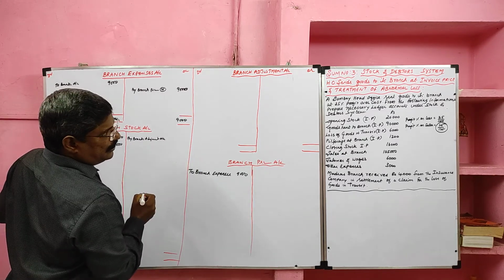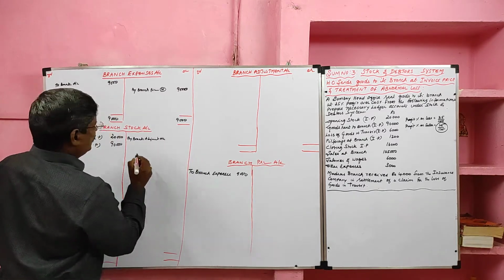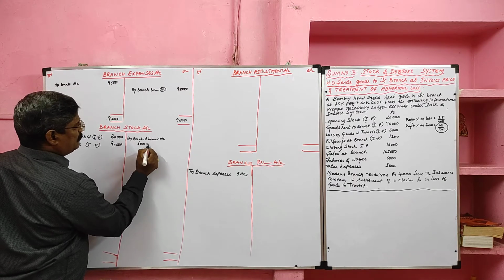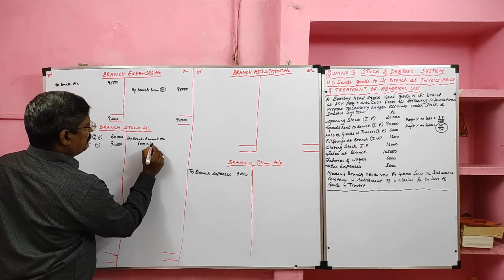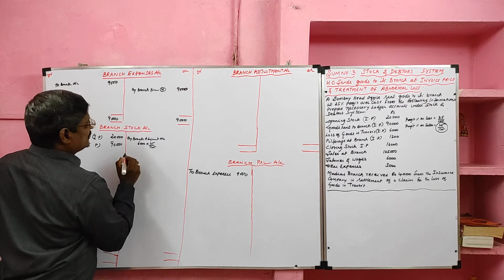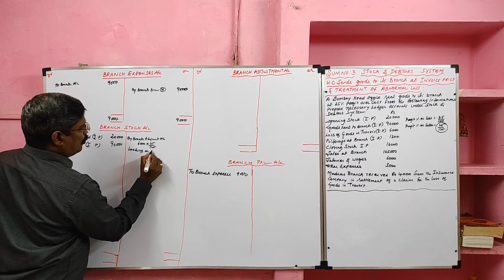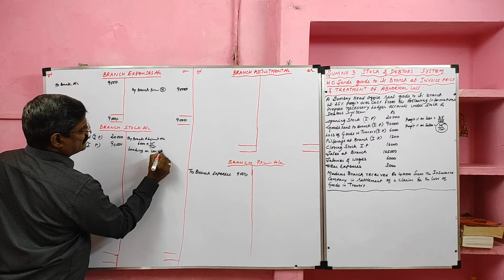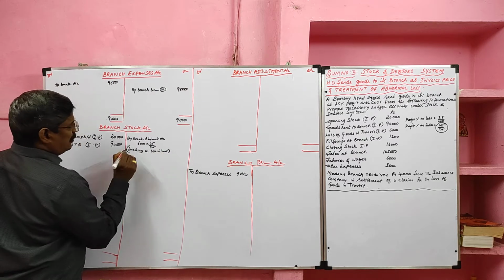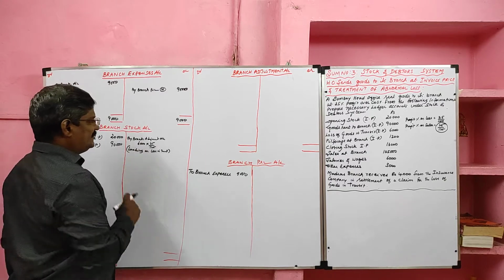The total goods in transit loss how much? 6,000. For loading purpose we'll use 25 by 125. This is loading on loss in transit. It should be transferred to the branch adjustment account.